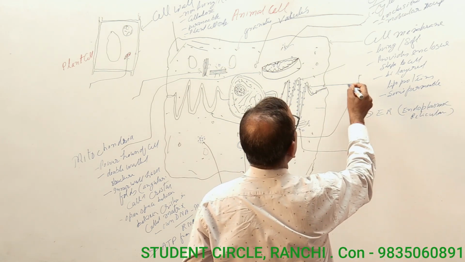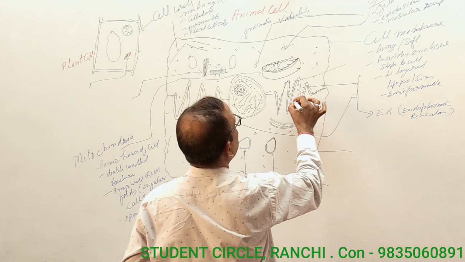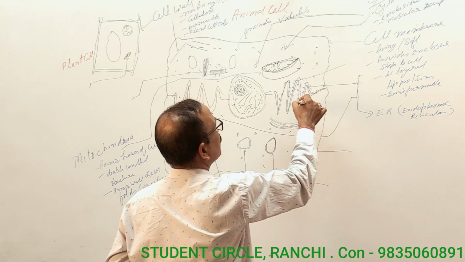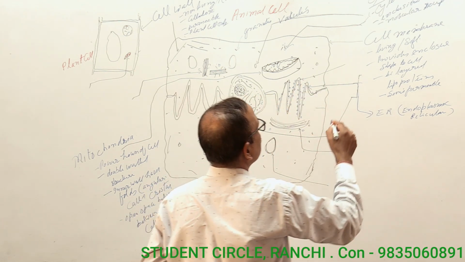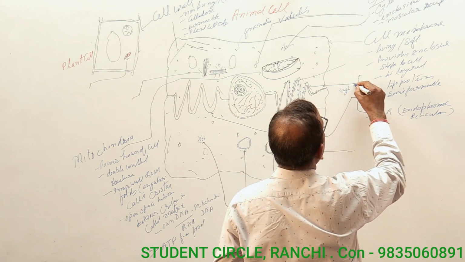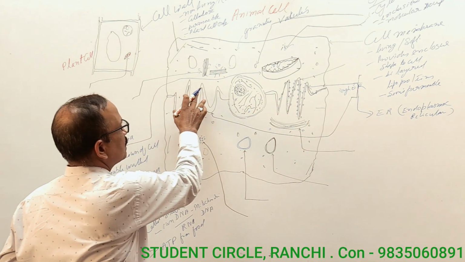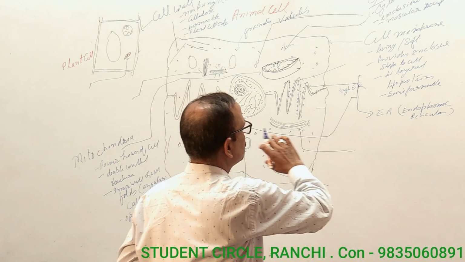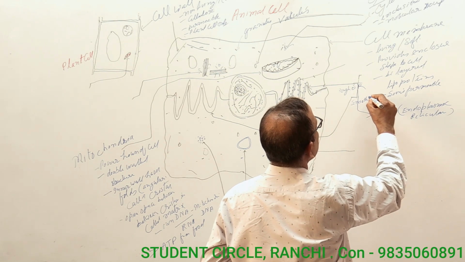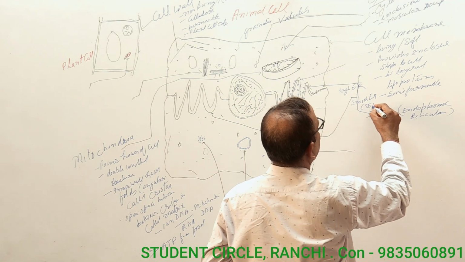Endoplasmic reticulums are of two types. ER with ribosomes attached to them, which makes it bumpy, is called rough ER or rough endoplasmic reticulum, and ER without ribosomes is called smooth ER or SER.